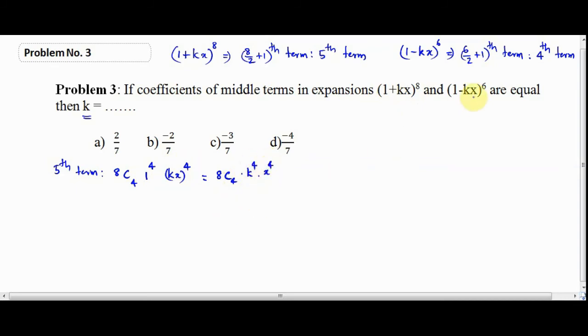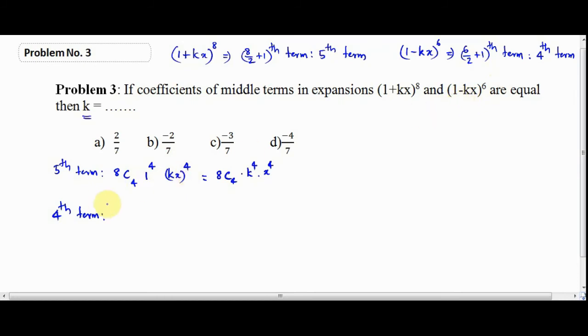Now coming to the fourth term in the expansion of (1 - kx)^6. This is in the form (a - b)^n.